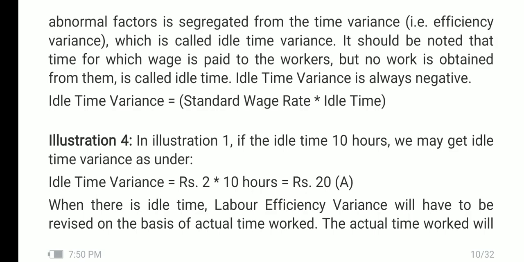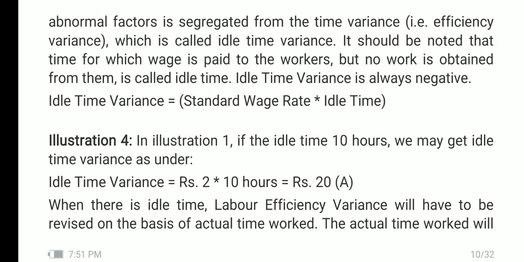Idle time variance is always negative. See, we can give the equation. Idle time variance is equal to idle time into standard wage rate. Now, we can understand this idle time variance with an example.